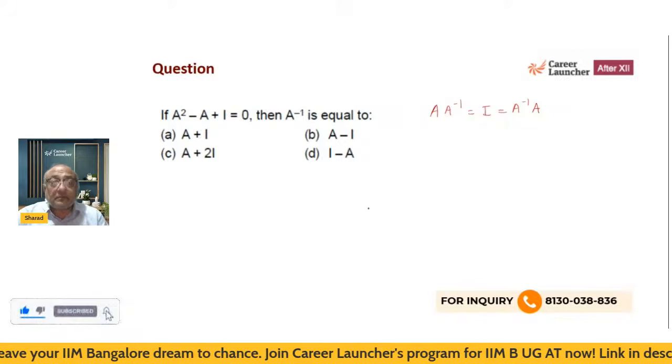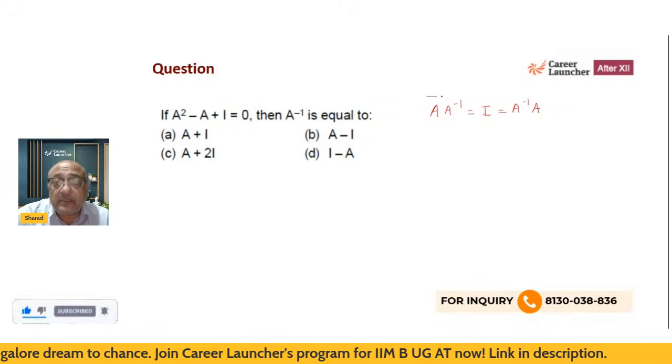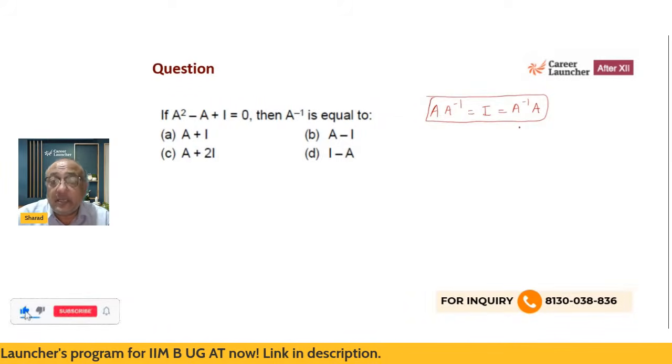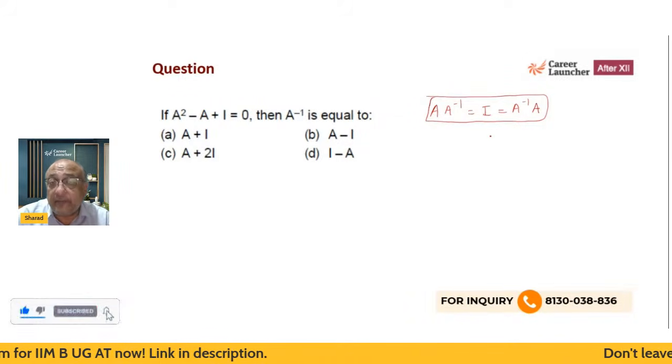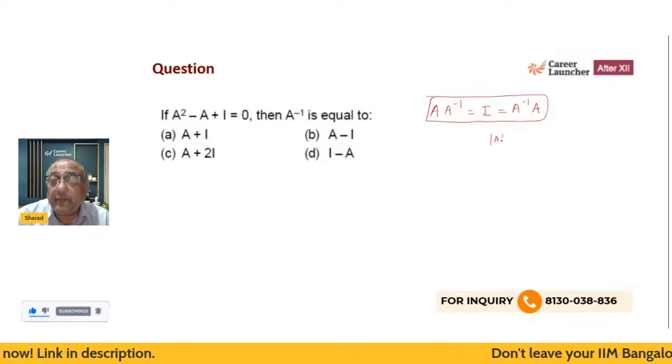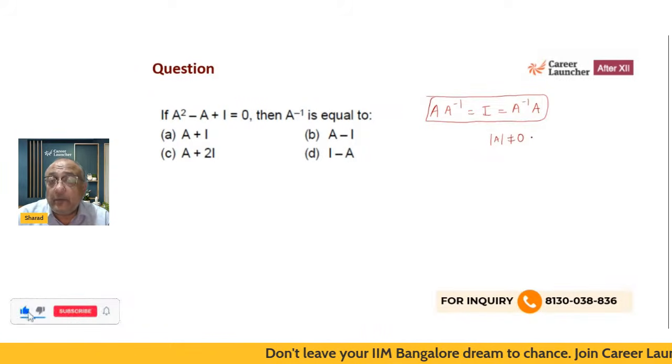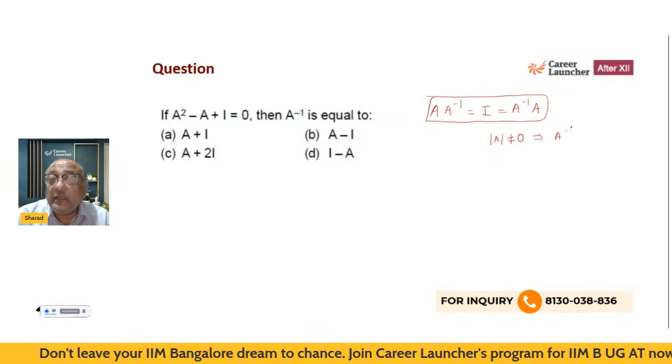So this is my concept of invertible matrices. Not all matrices are invertible. If determinant of A is not equal to 0, then only A inverse will exist.